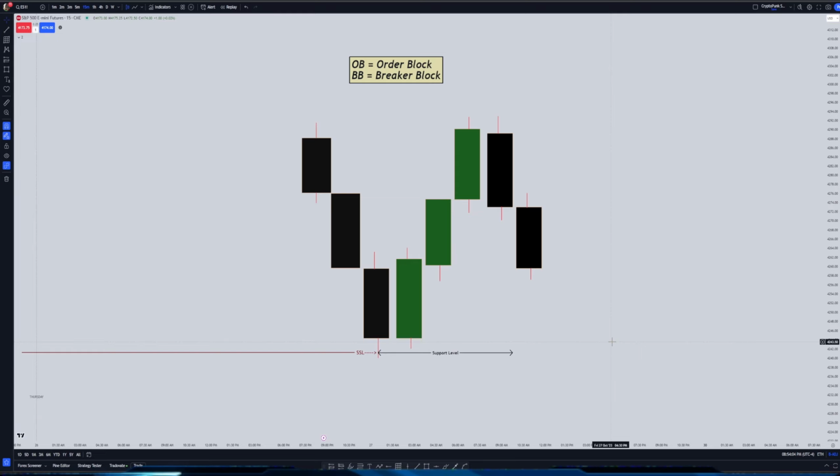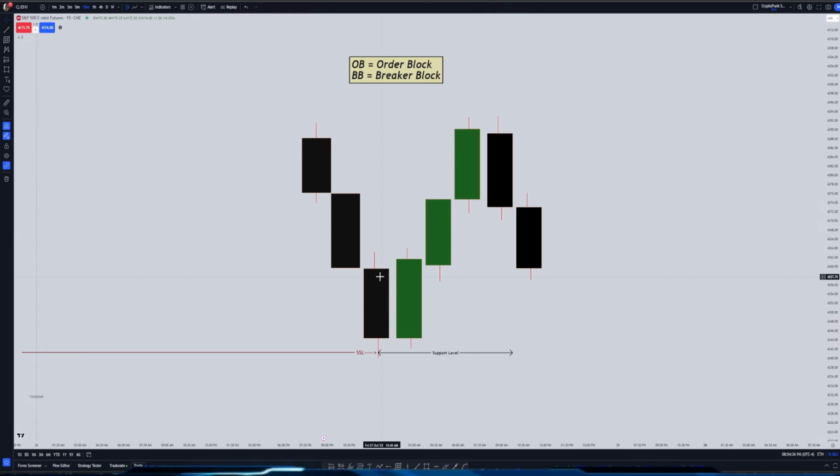Similarly here, we have sell side liquidity in the form of a support level or some sort of fair value gap or higher time frame point of interest that I talked about in my previous video. Price came to that level, then it starts to go up high.